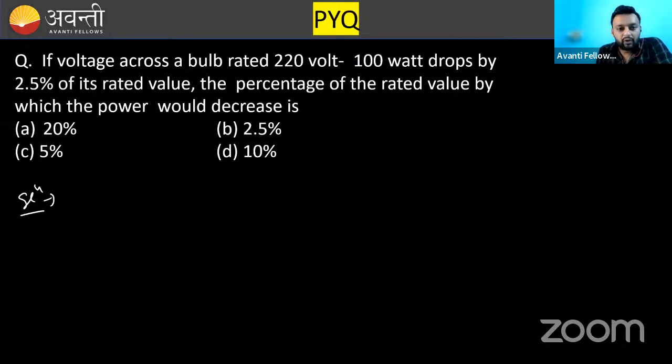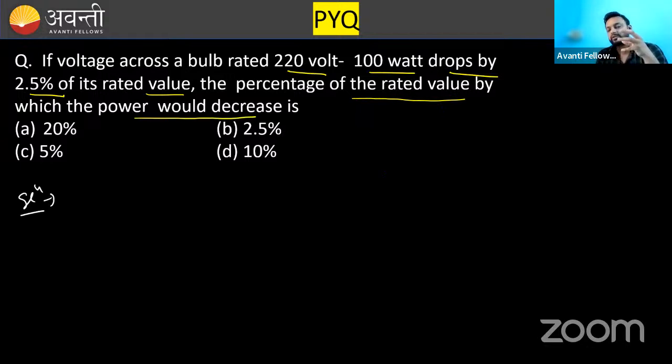The question says, if the voltage across a bulb rated 220 volt and 100 watt drops by 2.5% of its rated value, let's figure out the percentage of the rated value by which power would decrease. The question might seem a little difficult, but it's very simple. What is power? P is V square by R.